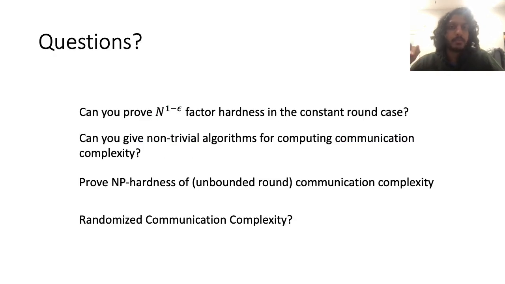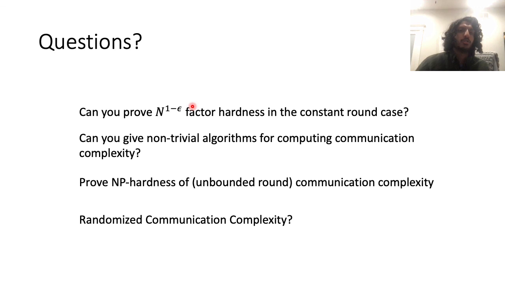Okay. So that brings me to some interesting open questions. This is a recorded talk, so you won't get to ask me about them, but I think some interesting questions are better hardness of approximation. You should be able to get an n to the 1 minus epsilon factor hardness of approximation in the constant round case. Another thing I think is interesting is algorithms for communication complexity.